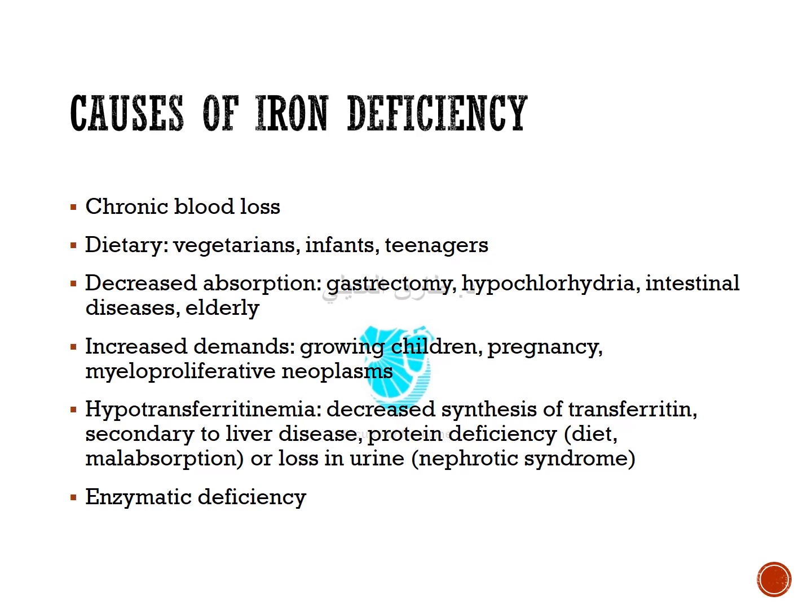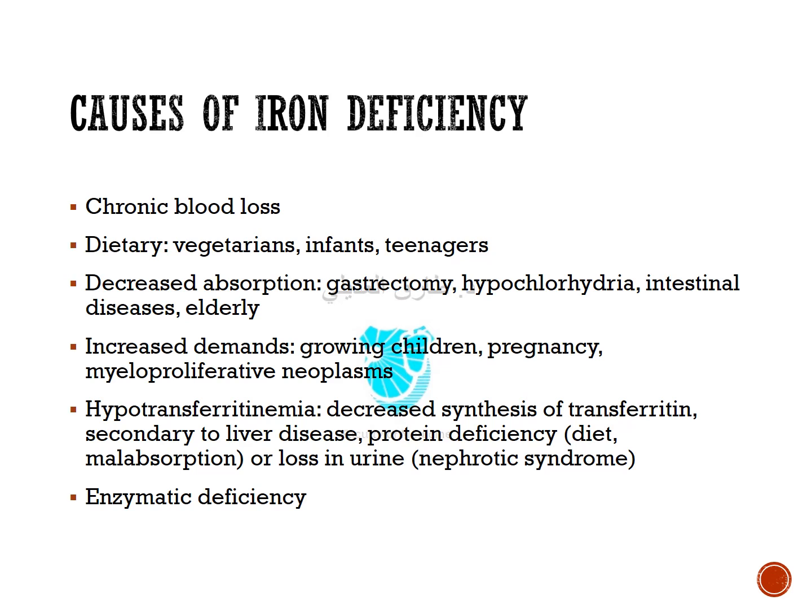In infants, human milk has a low amount of iron, so if the infant is exclusively dependent on milk, they will develop iron deficiency anemia. Teenagers usually have a bad habit of eating. They like junk food, they don't eat properly, they skip meals, so at the end they will end up with iron deficiency.